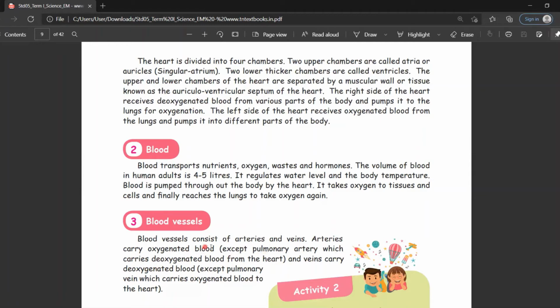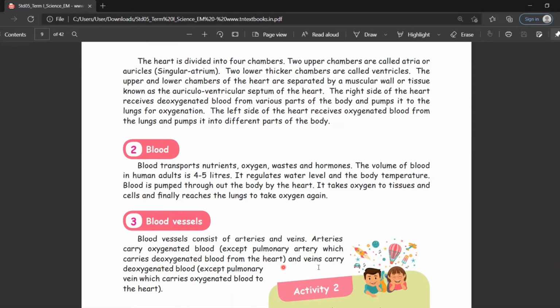See, blood vessels consist of arteries and veins. There are different types of blood vessels. One is arteries and the other is veins. Arteries usually carry oxygenated blood, except the pulmonary artery, which carries deoxygenated blood from the heart.